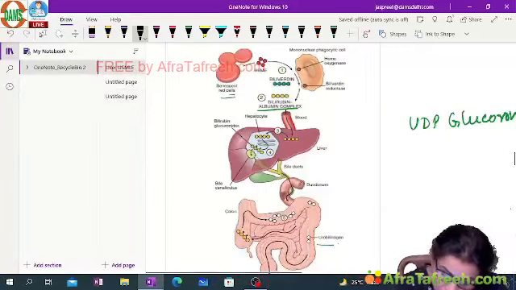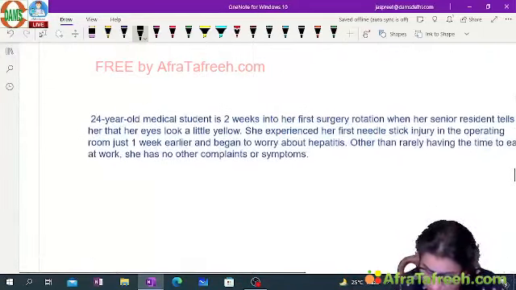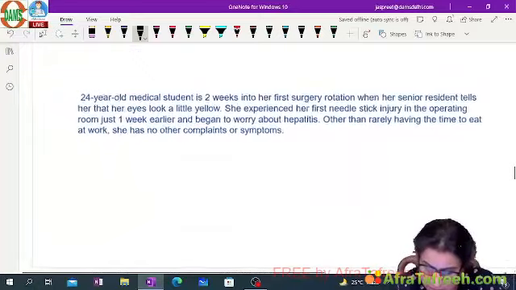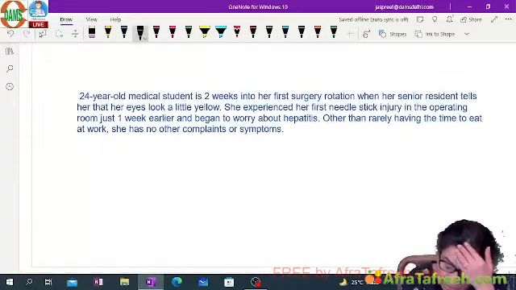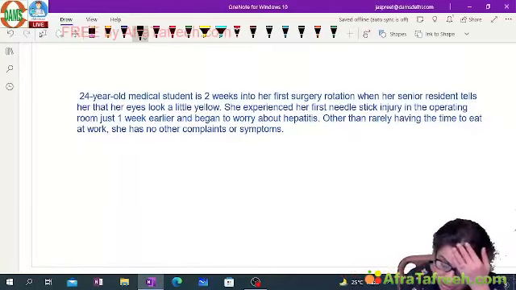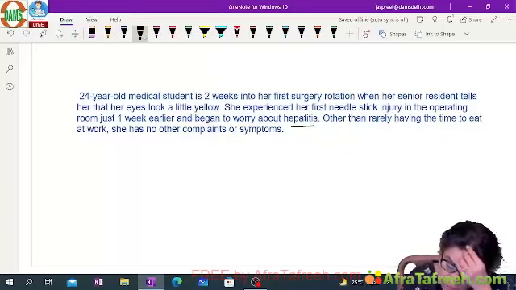Okay, now let us look at the questions first. Now look at this. This is a type of history. A 24-year-old medical student is 2 weeks into her first surgery rotation when her senior resident tells her that her eyes look a little yellow. She experienced her first needle stick injury in the operating room just 1 week earlier and began to worry about hepatitis.